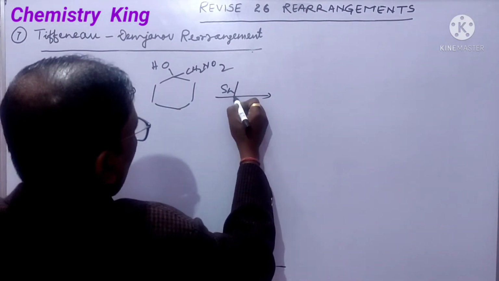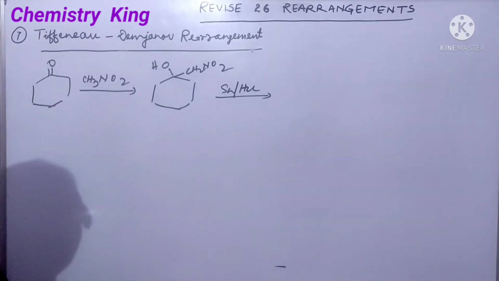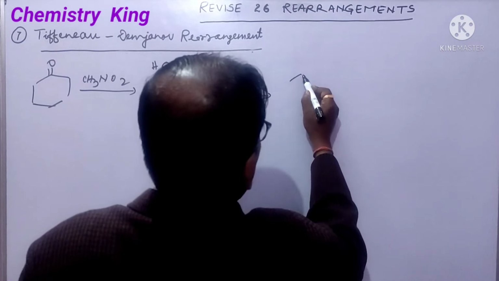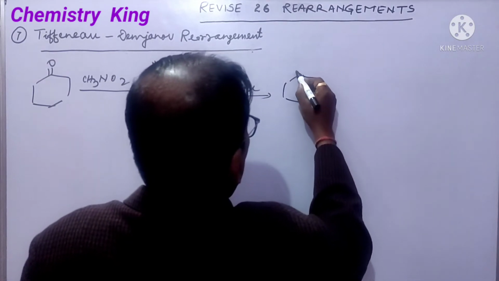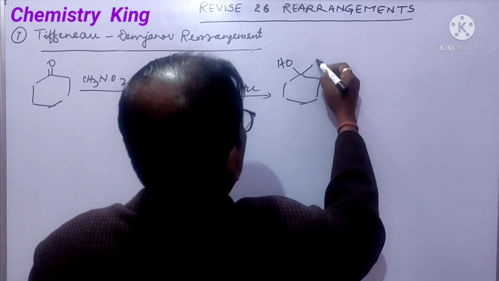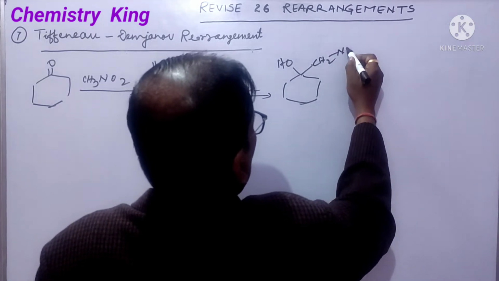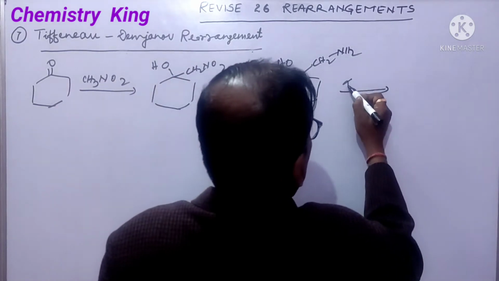It is allowed to react with Sn/HCl. Sn/HCl is a very good reagent for reduction of nitro group, and you will get CH2NH2.